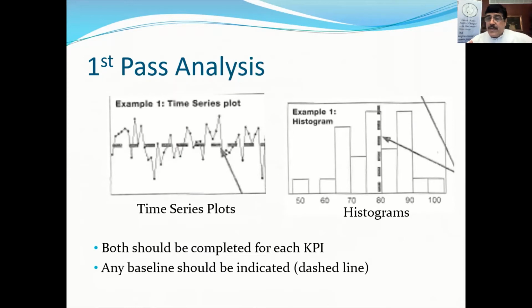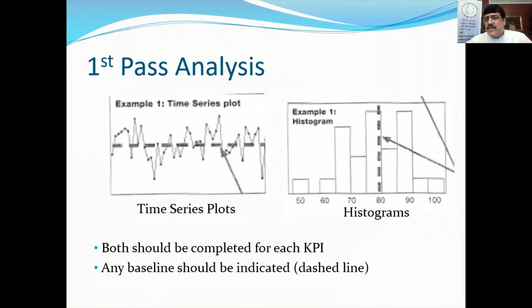Another important thing in the measure phase is the first pass analysis, which should be completed for each KPI. You decided which KPI you want to use to measure your performance. You took the data, you want to measure your current baseline performance, so you run first pass analysis.